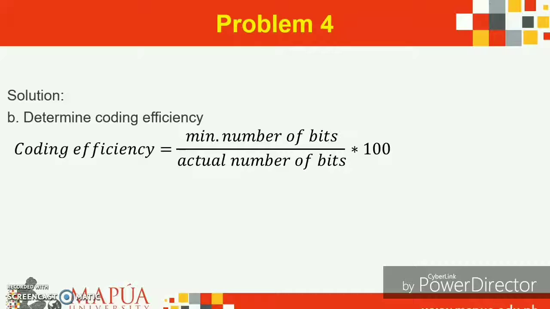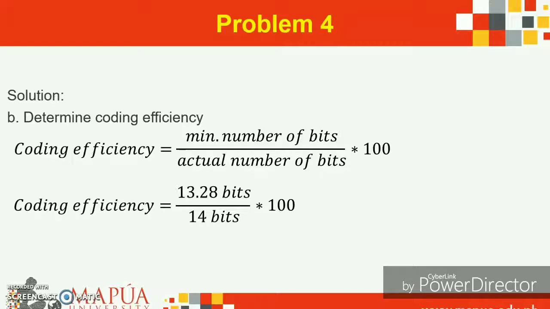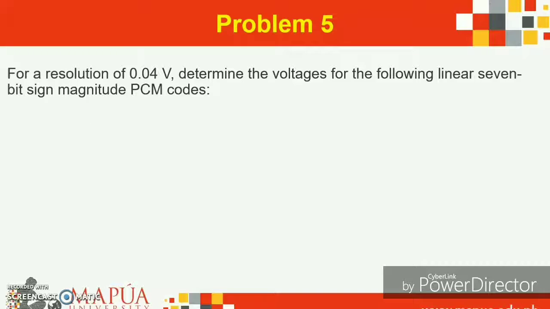Since we have a minimum number of bits of 13.28 bits, we are actually using 14 bits for the PCM code since we cannot use 13.28 in the PCM code. So we simply divide 13.28 bits by 14 bits times 100. So our coding efficiency is equal to 94.86%.